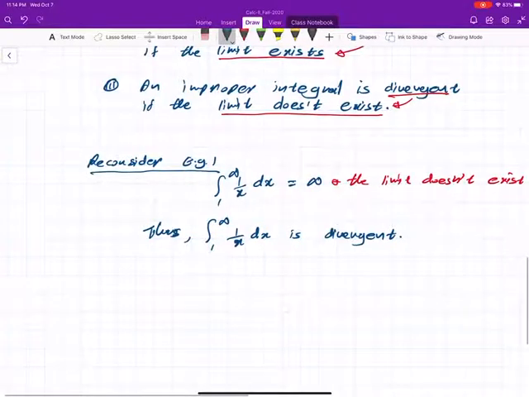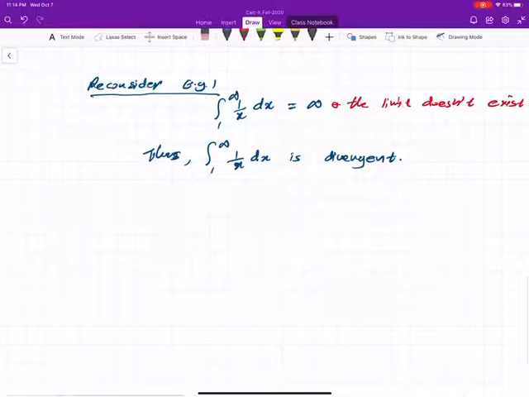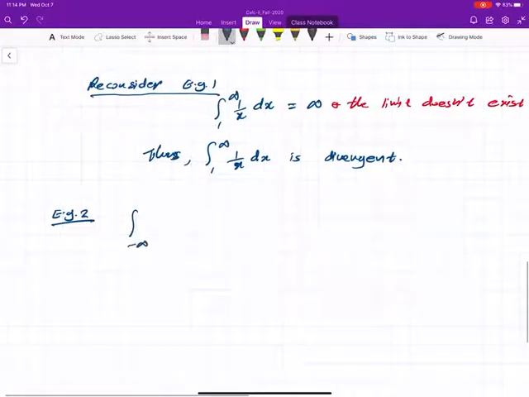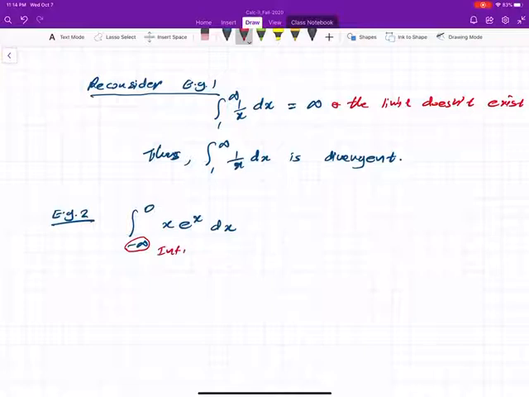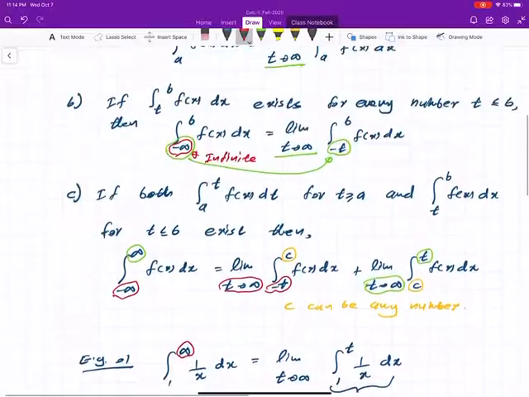Alright, so let's consider example number 2. In example number 2, you have to integrate from negative infinity to 0 of x times e to the power x. Here the lower limit is infinite. Now go back.